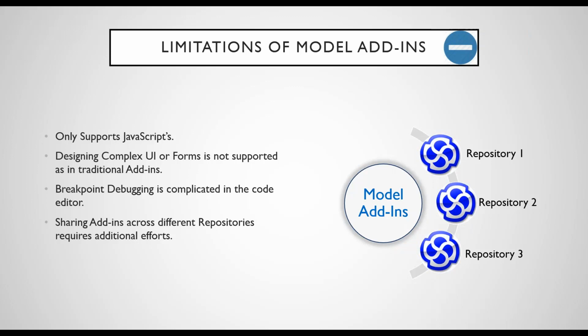We can export the complete information of the specific stereotype element which we have created for the model add-in from repository 1, and import the element into repository 2, just an XML export and then import in the other repository. So this XML export and import helps transfer the model add-ins from one repository to others.